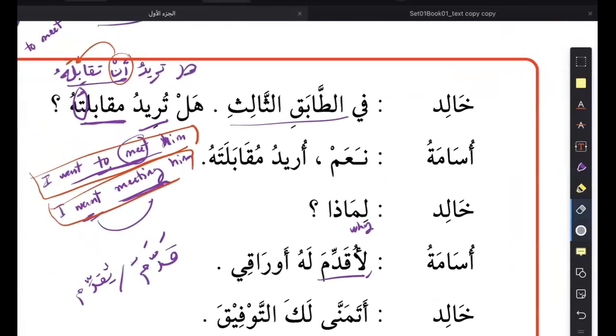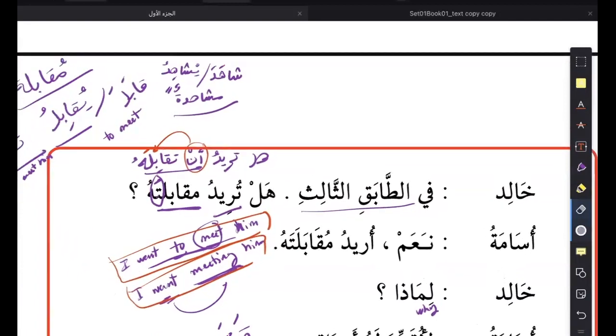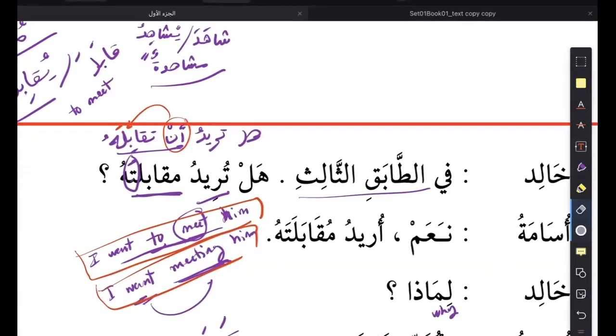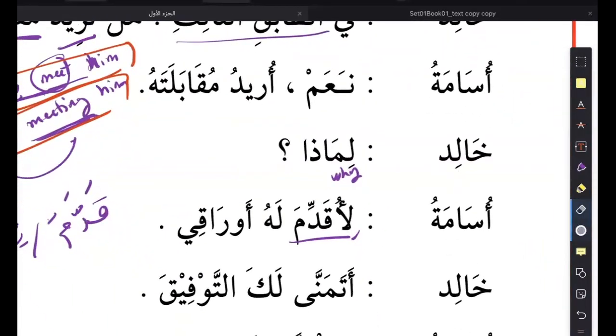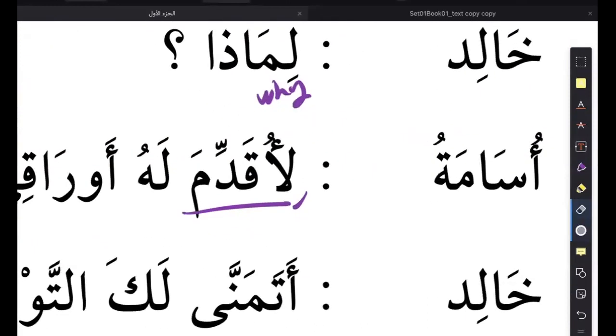One of them, I just mentioned, is "an". Every time you get uridu an something, the present tense verb gets a fatha. Also, when we have li, a harf jarr. I'll talk about this later, as it is not the discussion for this level right now. This li, when it comes into a verb, also makes the verb take a fatha.